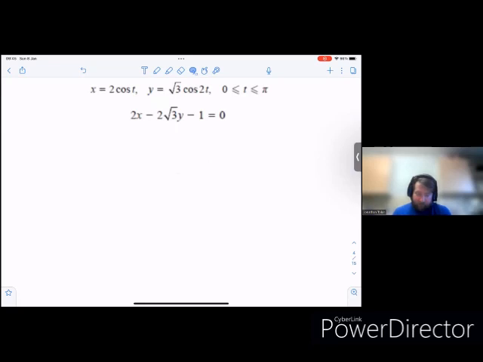So if we solve this, we just substitute so that we've got everything in terms of one variable. We've got an expression for x there, we've got an expression for y there, so we can sub them in.